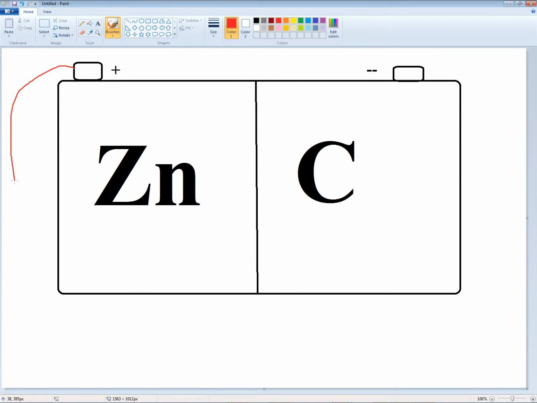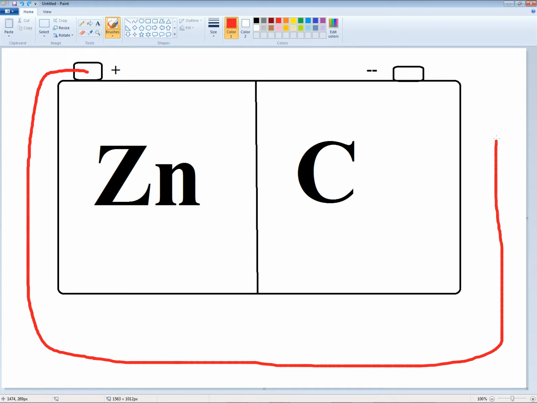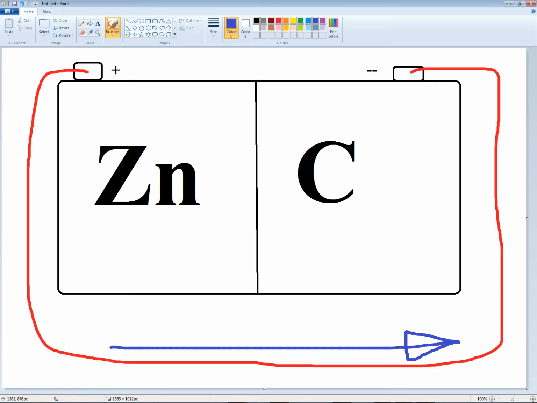That's too thin, let's make it a little more stout. There we go. We hook up a wire, go all the way around. Now let's show direction of current. Let's say the current is going this way, the traditional way, right? Not the electrons, the current flow. This may not be the way it's set up. Maybe I got the zinc and the carbon backwards, but for the point of the discussion, let's just fly with this.